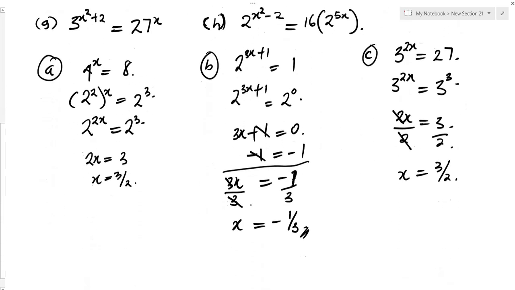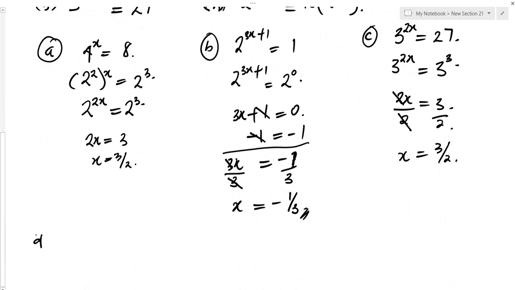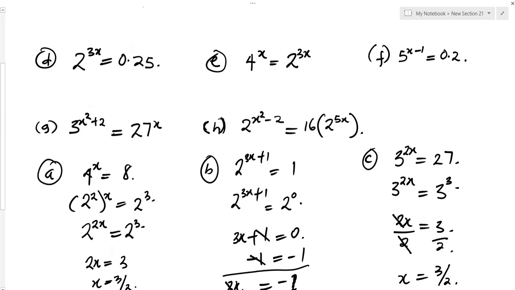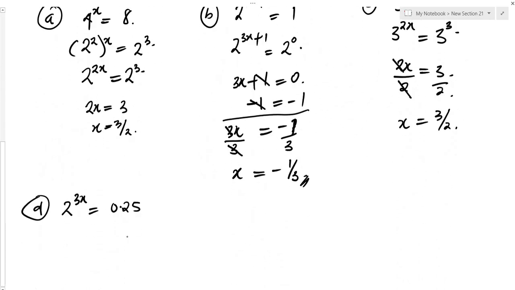Now the d, you have 2 raised to power 3x equal to 0.25. Now 0.25 is the same as 1 all over 4.